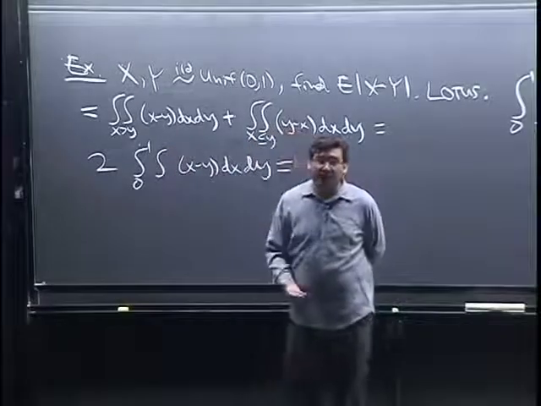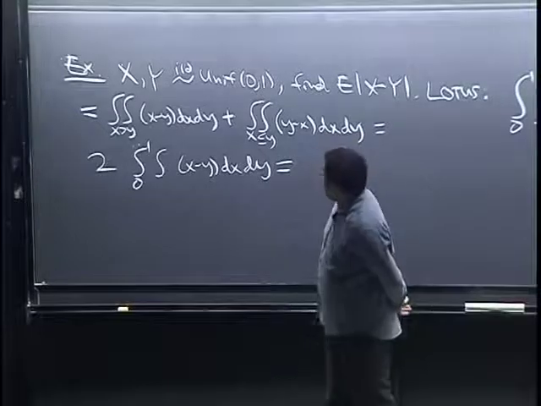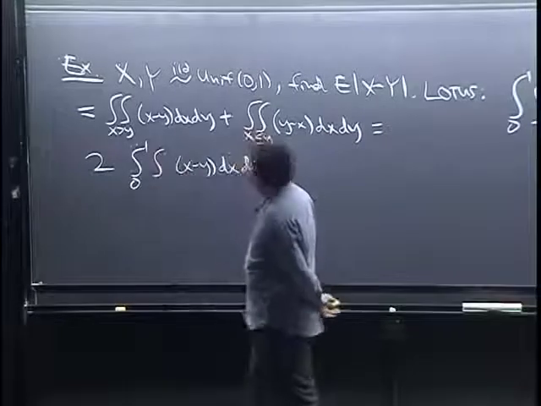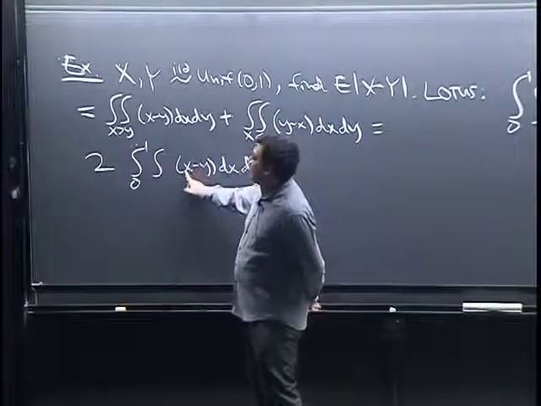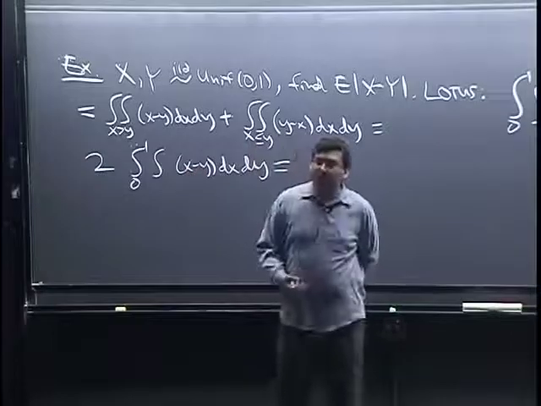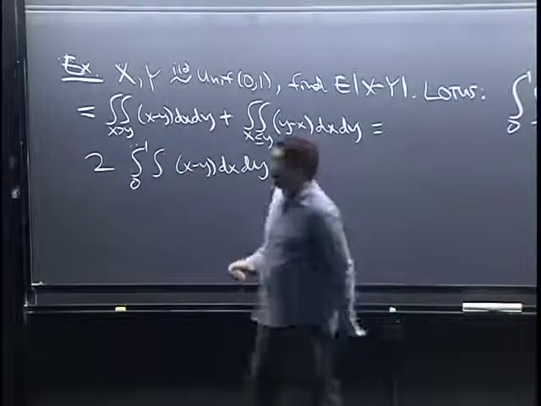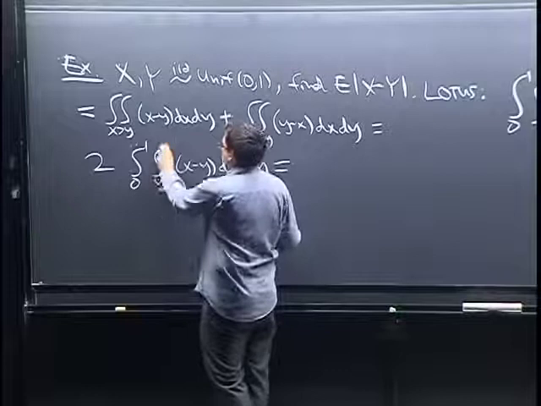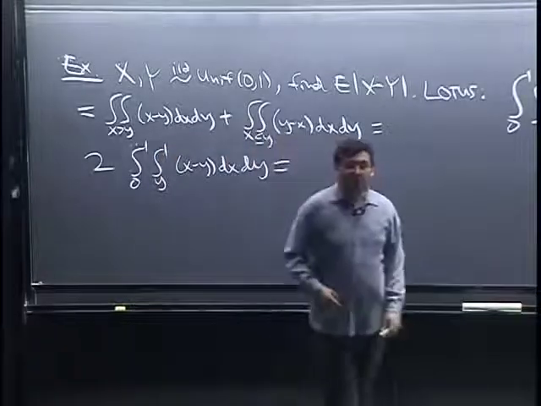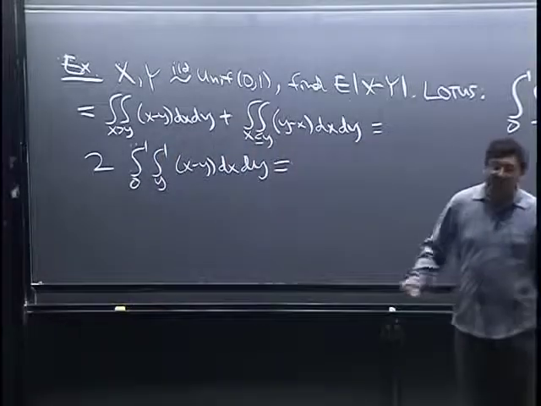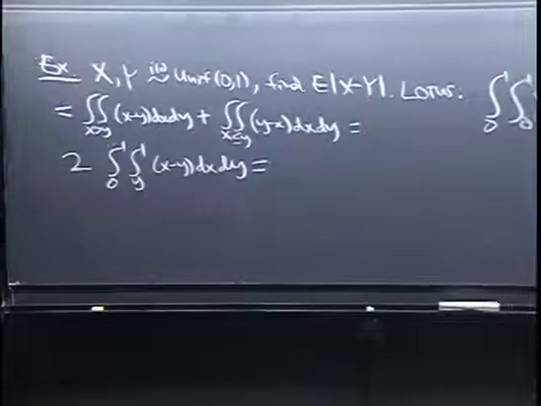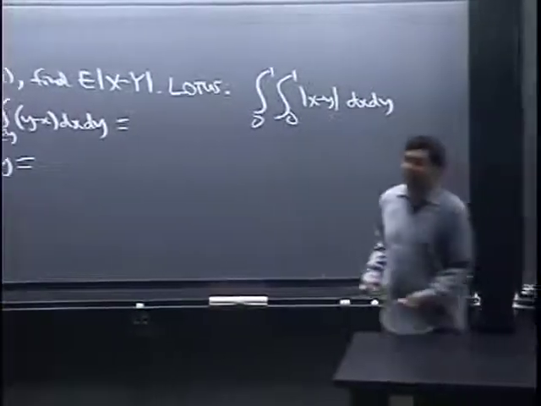In fact, they have to depend on y. It would not work to go 0 to 1 here because we know x has to be between 0 and 1, but we also know that we're only integrating over x greater than y. So x has to be greater than y, so we would go from y to 1, right? Because x is bigger than y, so it has to start at y. So that's all we have to do, but we do have to be careful. It's easy to mess up the limits of integration.